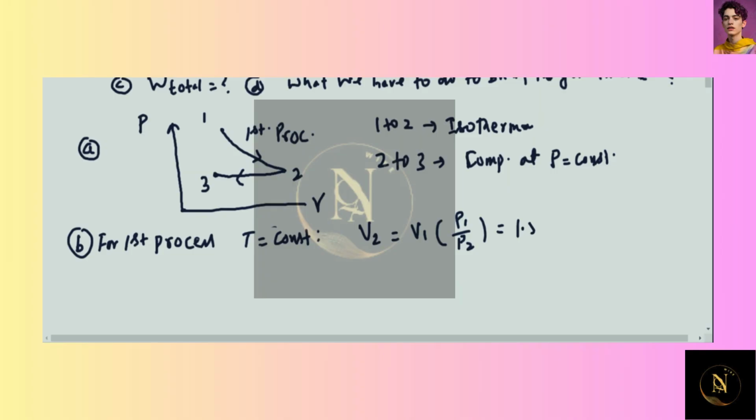V1 is 1.5 liter, P1 is 1 × 10^5 Pascal and P2 is 2.5 × 10^4. So V2 becomes 6 liter.